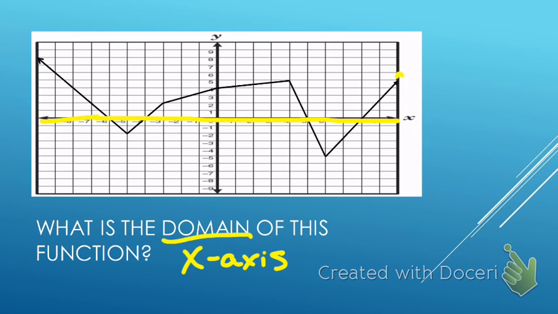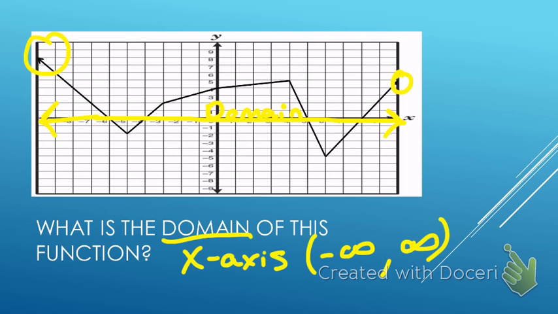There's also an arrow on the right and an arrow on the left, which show it's going to keep going to the left and to the right. Since it keeps going, I'm going to put arrows on the side for my domain. This tells me my x-axis goes from negative infinity, going forever to the left like we talked about with end behavior, to positive infinity.